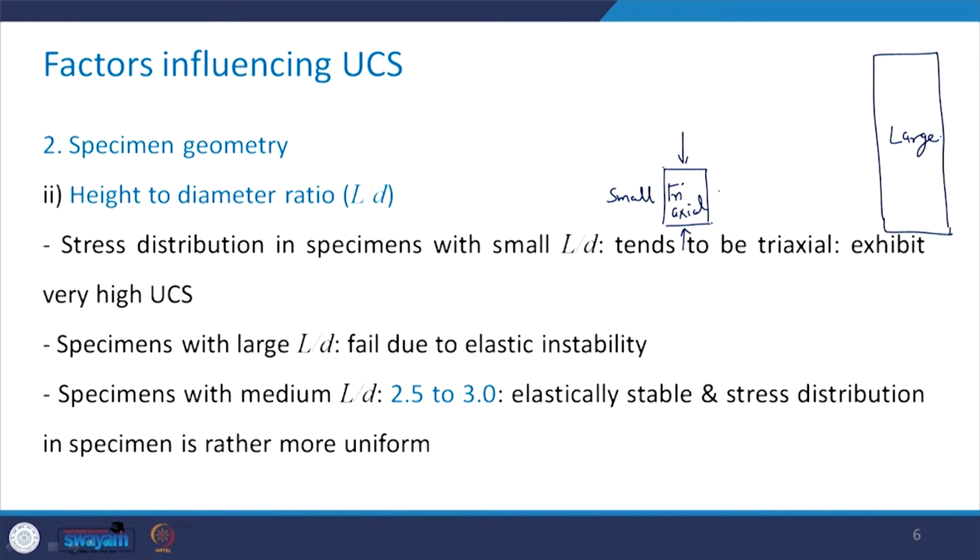Ideally, what we need is that it should be uniaxial because we are conducting UCS. So, when this is very small, the state of stress in the specimen tends to be triaxial, and obviously the UCS is going to be very high as compared to that in the case of uniaxial compression.